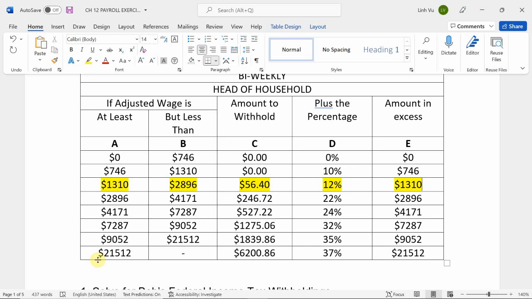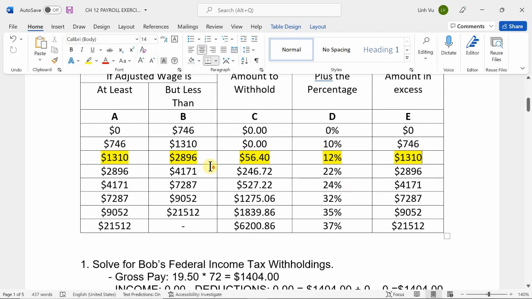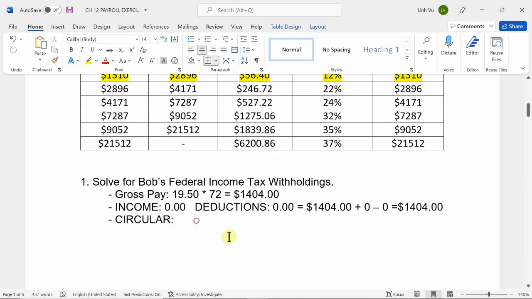So in this case, we need to solve the following: if Bob earned a total of 1404 and the government lets him keep 1310 without taxing, how much extra did Bob earn?